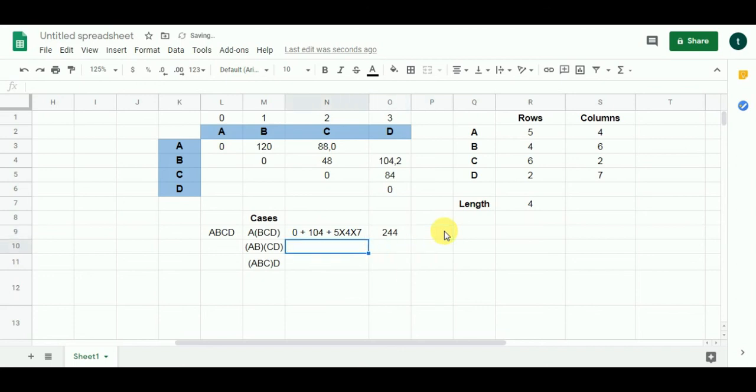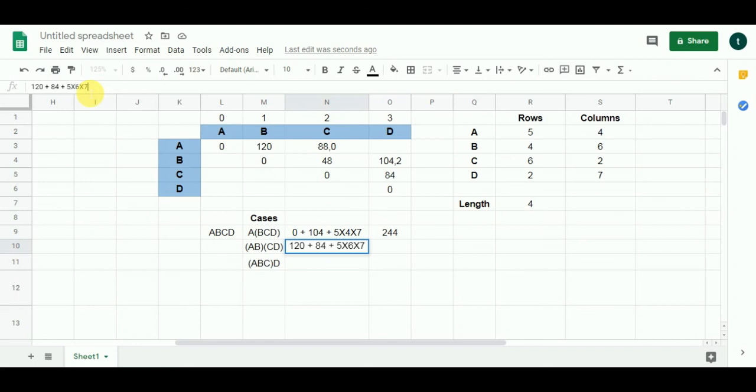Let's focus on this one. So cost of AB is already there, it is 120. Then let me quickly put down the cost of CD, which is this 84. All right, and let me quickly write down the cost of multiplication of AB with CD, which is going to be nothing but 5 multiplied by 6 multiplied by 7.